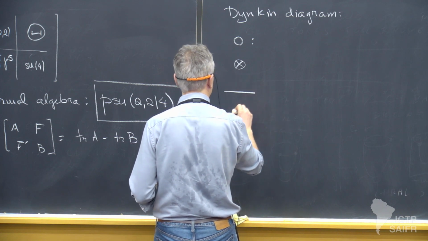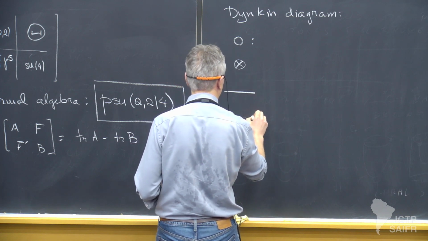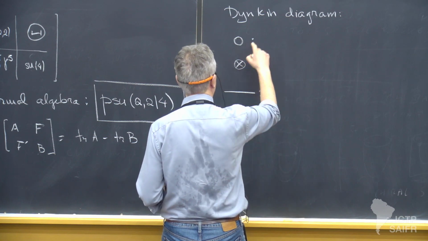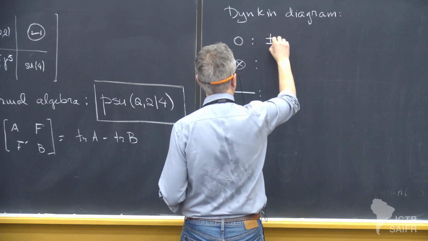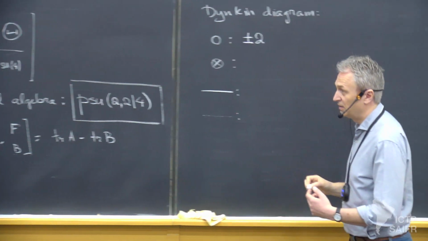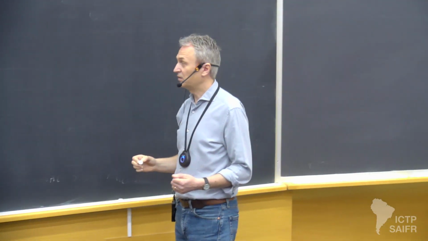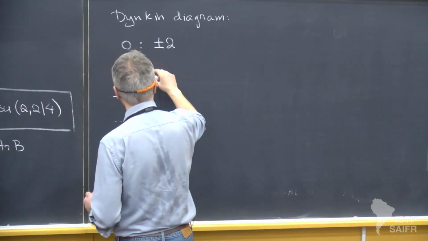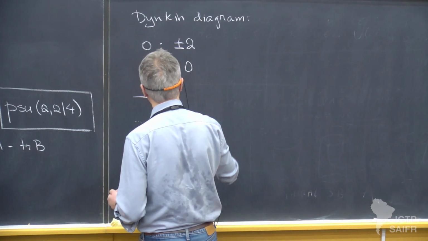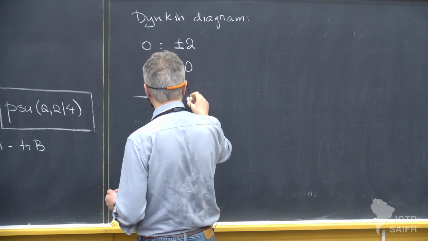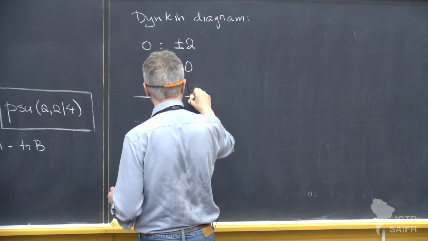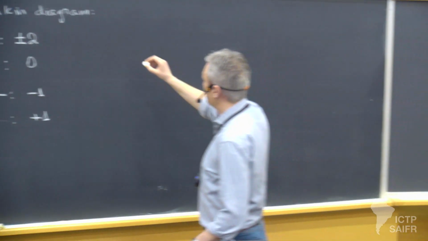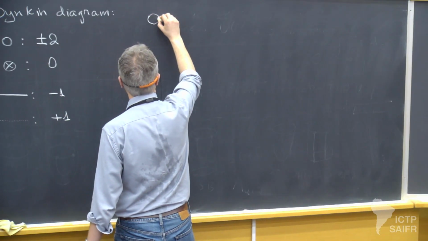And also the links can be of 2 types. To a bosonic node, we assign a diagonal element of the Cartan matrix equal to either +2 or -2. The fermionic node corresponds to a 0 on the diagonal. And the normal link would correspond to -1, and the dotted link to +1. So with these notations, the Dynkin diagram looks like that.